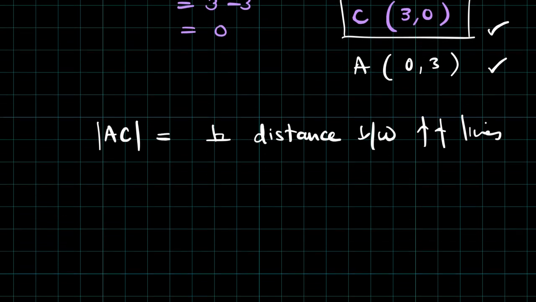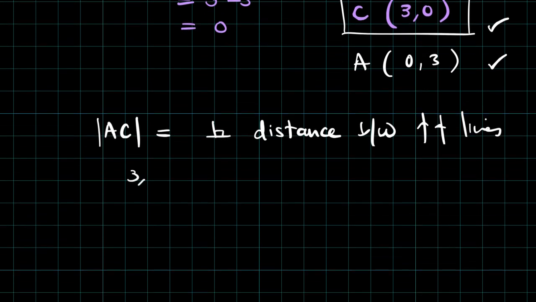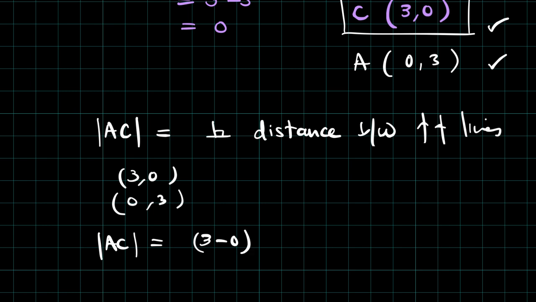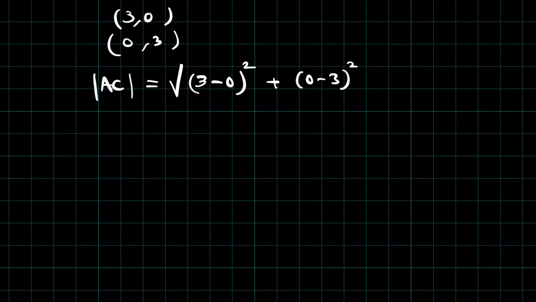So let's get started. We have (3, 0) and (0, 3), and AC equals the square root of (3 minus 0) squared plus (0 minus 3) squared. Let's do a bit of working. This is 9, this is 9, so it is the square root of 18.